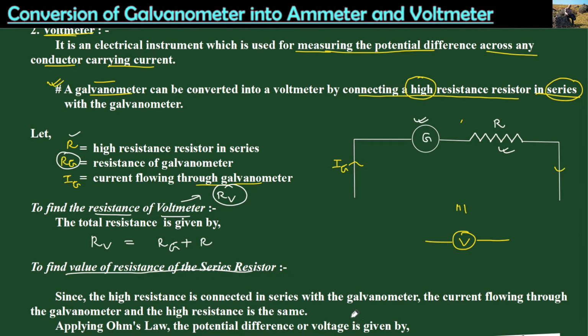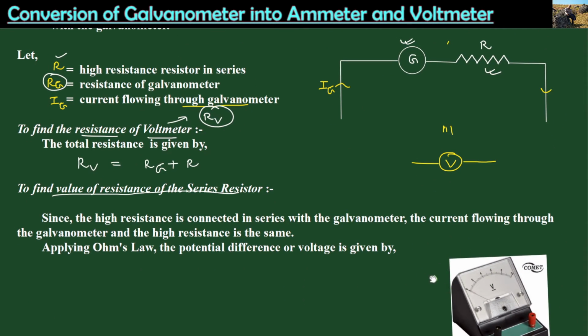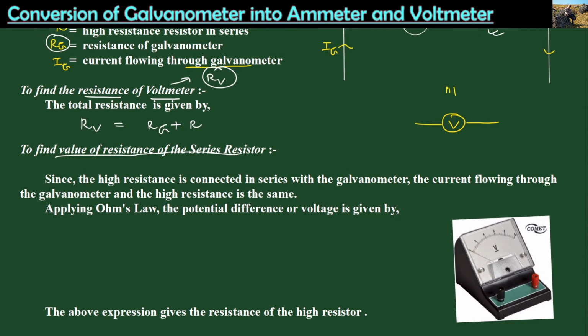A very important point to note down here is that when the high resistance is connected in series, this is your voltmeter. This circuit arrangement is the voltmeter.